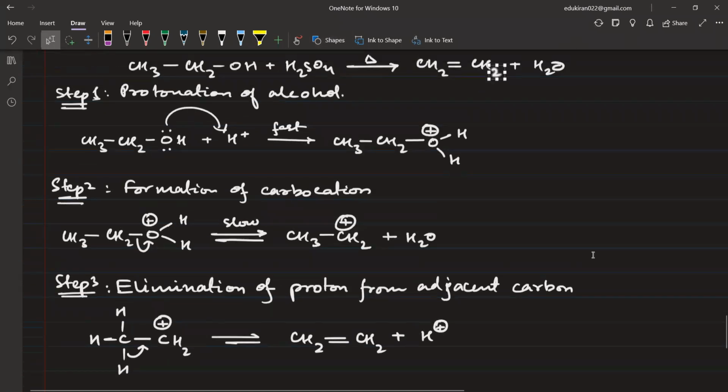Please write this whole mechanism, 3 steps. There is a formation of carbocation that we have to take care of, because wherever we have carbocation, there can be some rearrangement.